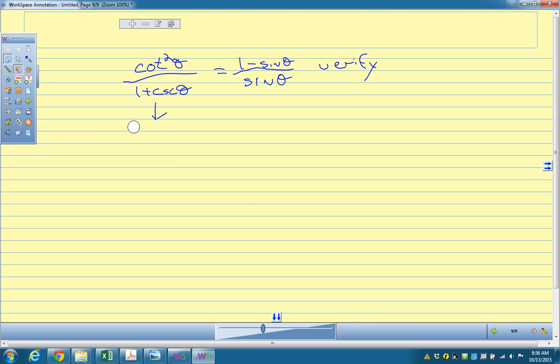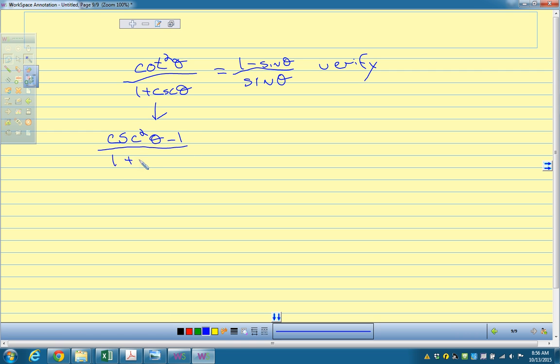So this is equal to cosecant squared theta minus 1 over 1 plus cosecant theta. Anyone know why I would want to do that? Right. This factors. This is like x squared minus 1, right? So this can be written as cosecant theta plus 1 times cosecant theta minus 1.